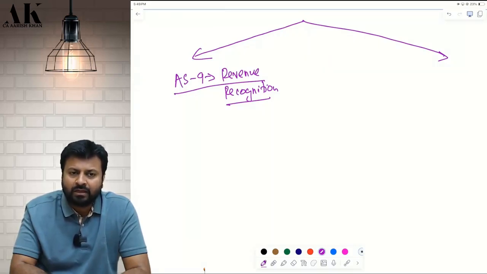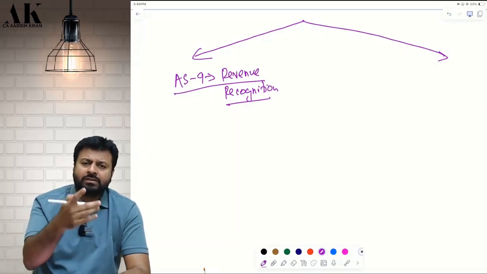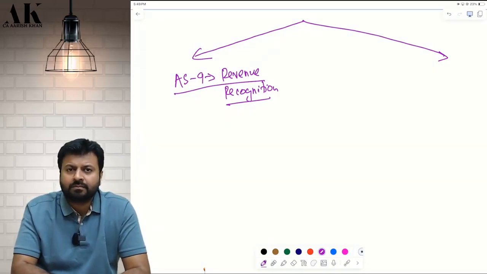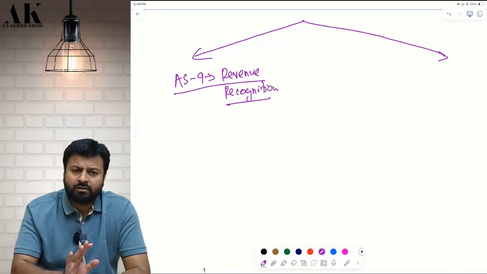Okay. Now, because of this provision, the income tax is getting at loss. The income tax is facing losses. Why, sir? Say, for example, I am providing you services of 1 lakh rupees, and I am not certain about it. So I will not recognize it. If I will not recognize it, it will not come into income. It will not come in the P&L.